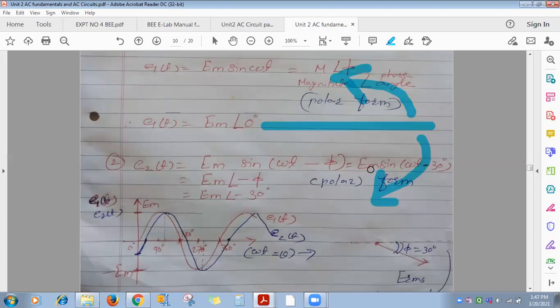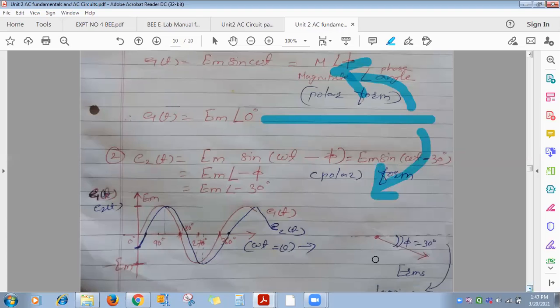The same logic applies here also. See here, it is Em sine of omega t minus 30 degree. See the phasor diagram representation. This is the reference real axis, and with reference to that, minus 30 degree means you have to measure it in the clockwise direction. Suppose that vector's magnitude is 2 centimeter.